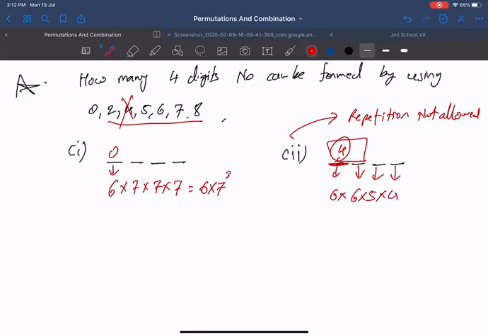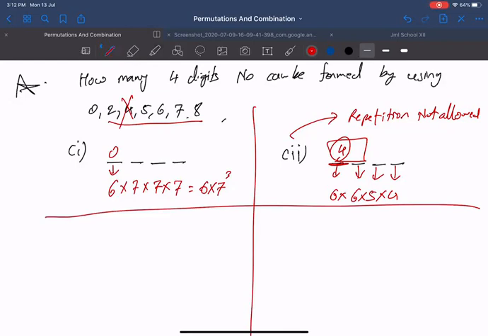अरे ये पेज क्यों बार-बार घूम रहा है? Okay. Now, अभी इसमें थोड़ा एक लेवल ऊपर जाएंगे. How many 4-digit number नहीं?